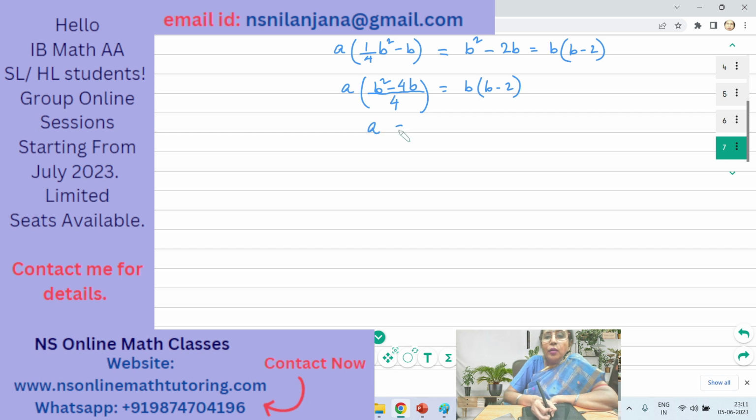Therefore, a is equal to 4b times b minus 2 over b square minus 4b. And from the denominator also I can take out b. So it is 4b b minus 2 over b times b minus 4.